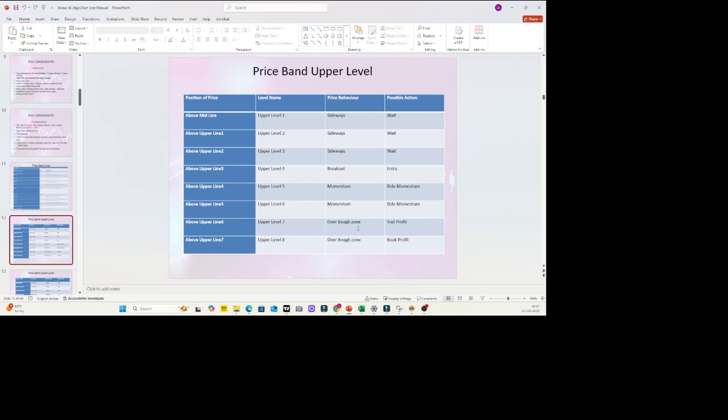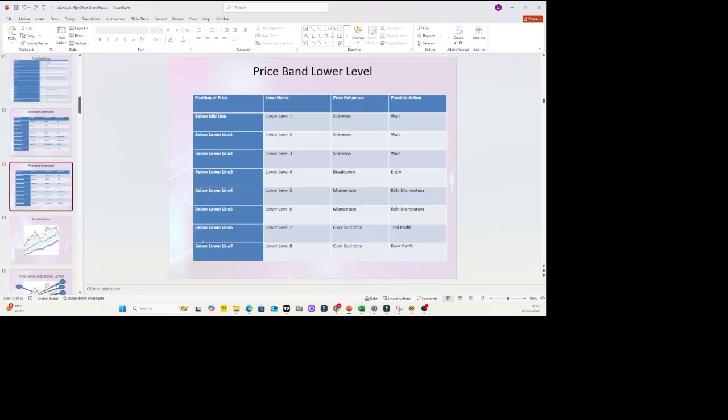Level 7 is the overbought level, and then level 8 is an overbought level. Then we come to just the opposite of that. Below the midline, there is level 1, 2, 3, 4, 5, 6, 7, and then we say sideways, sideways, breakdown entry, momentum ride, and then 7 is oversold, and level 8 is again the extreme oversold zone.